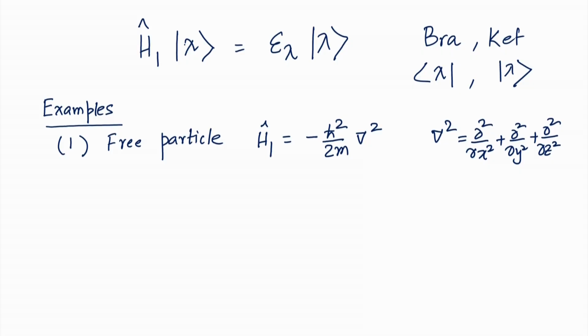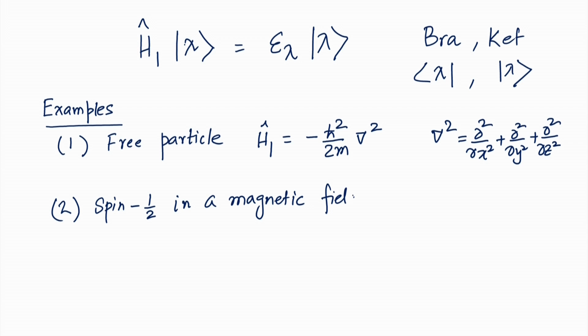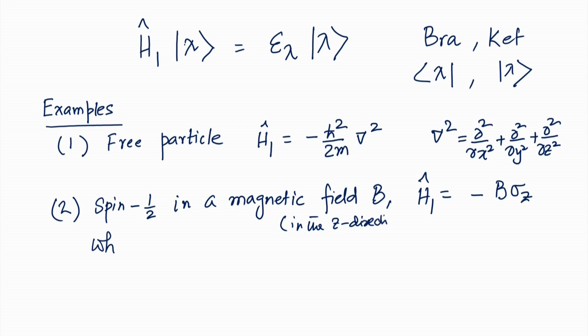Also, let us write a spin half particle in a magnetic field B. H1 in this case is equal to a B sigma z, where this magnetic field is in the z direction, assumed for simplicity.